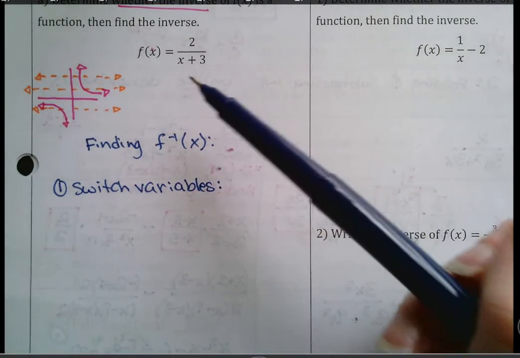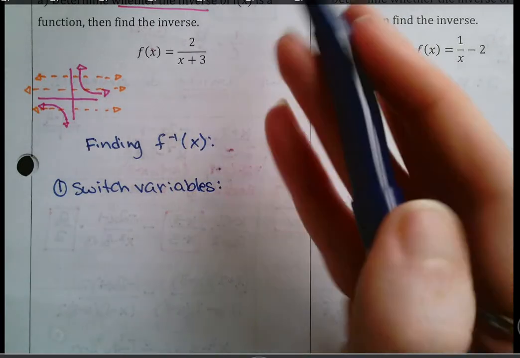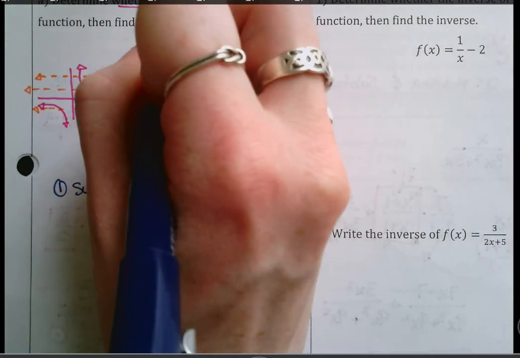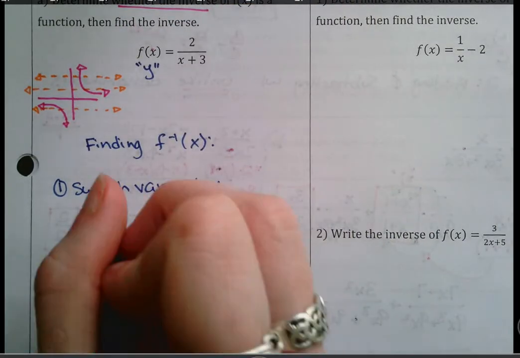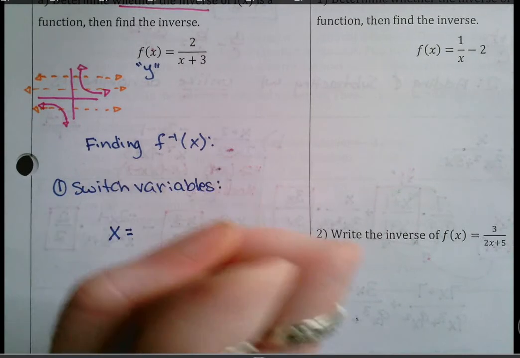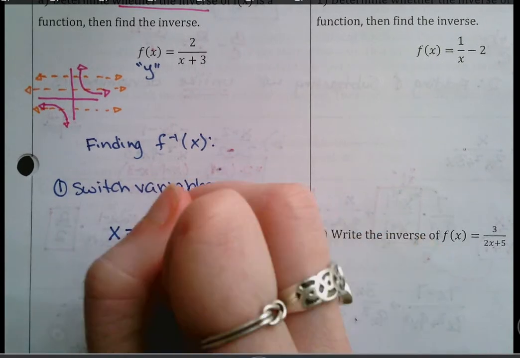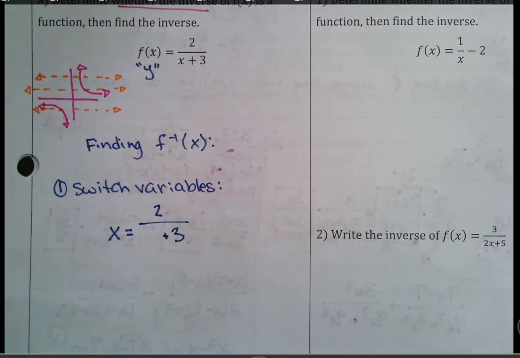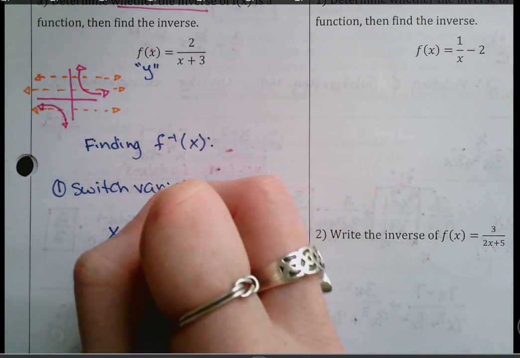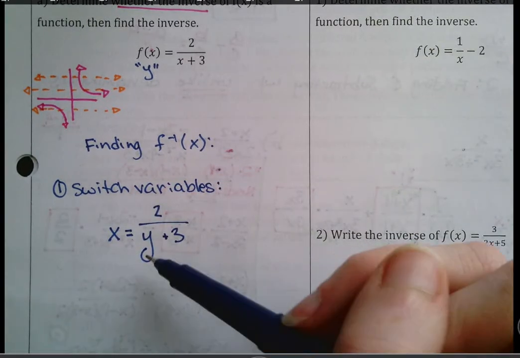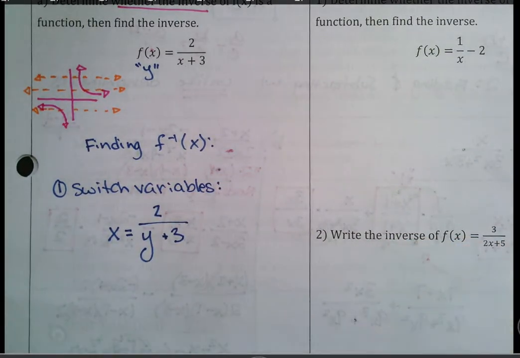Where I see f of x, that's technically a y value, so I'm going to write x instead. Next I have 2 divided by x plus 3, and instead of writing x, I'm going to write y. Now I just have to rewrite this so that I have solved for y.